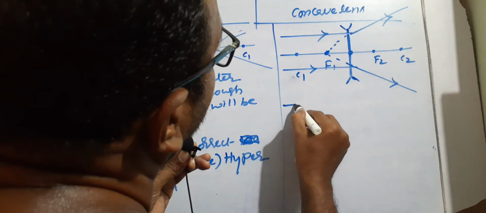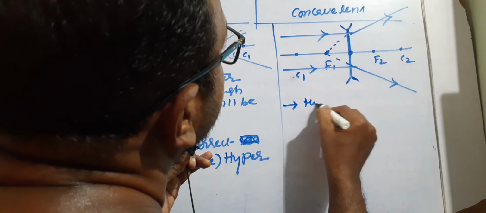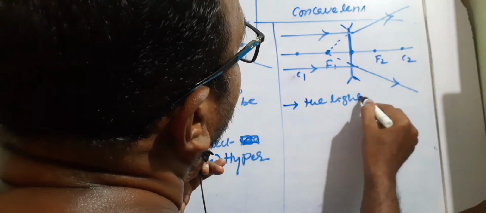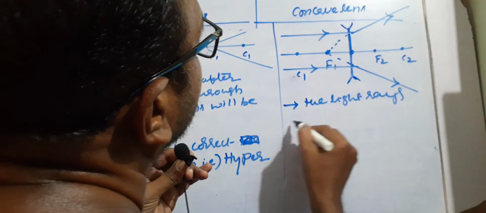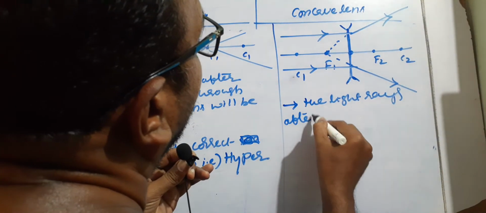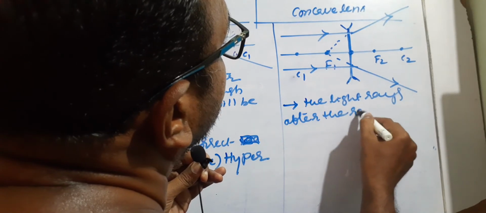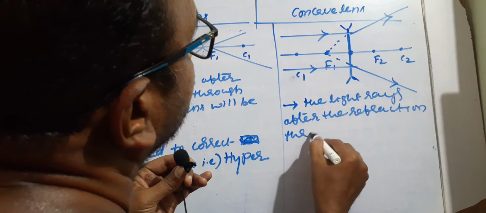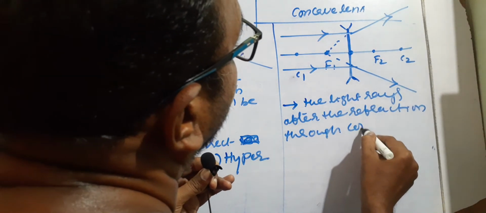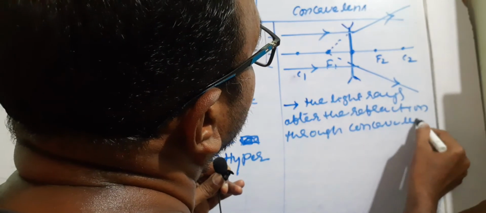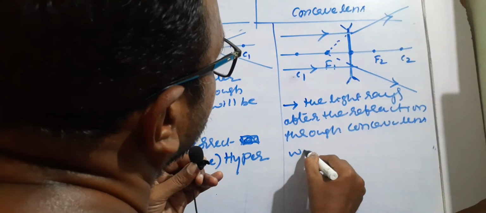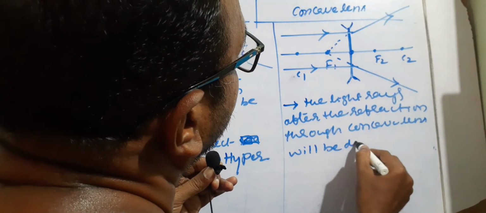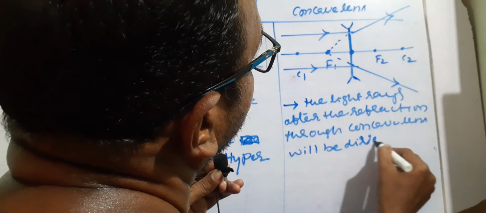That is why the light rays after the refraction through concave lens will be diverged.